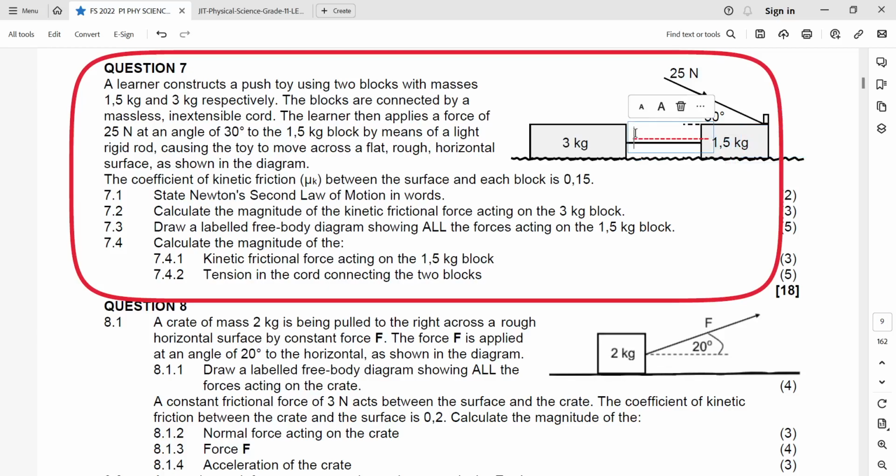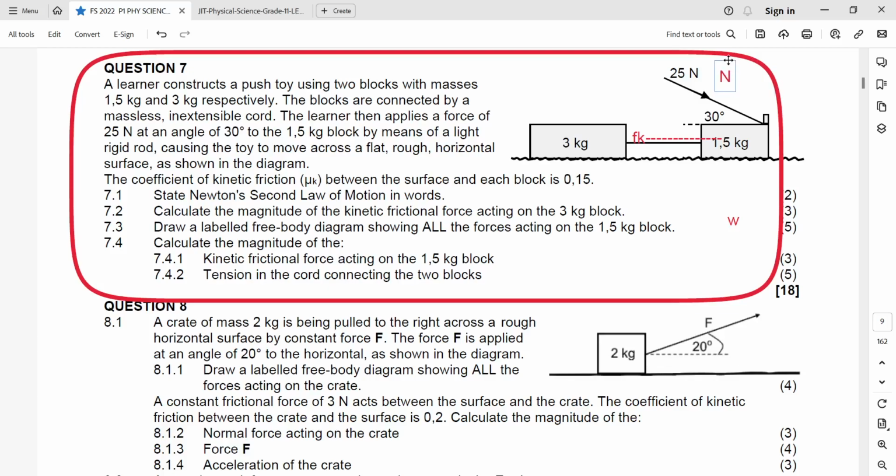This one will be my frictional force. Since it's moving, I will say it's kinetic friction. And then I will have my weight downwards, and upwards, I will have my normal force.